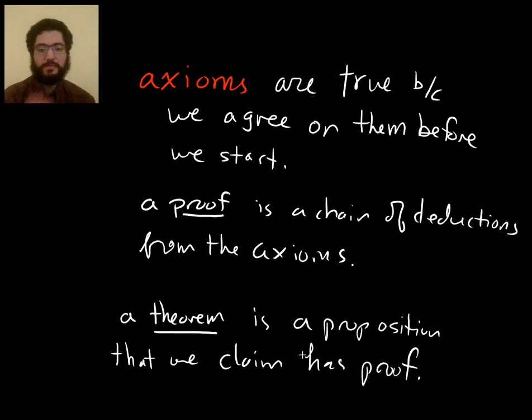So when someone makes a claim and says this is a theorem, what they're saying is there is a proof. So after they say it's a theorem, they had better convince you that there is a proof, that there is some chain of deductions from the axioms or from previously proven propositions.